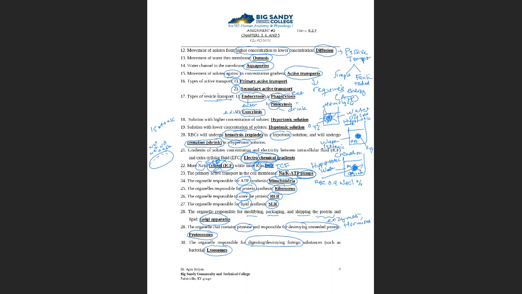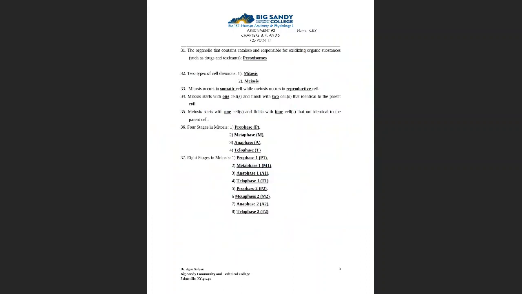It has lysozyme. The organelle responsible for detoxifying organic substances or toxicants is called the peroxisome. Okay, so make sure you memorize the names of these organelles, including their functions.